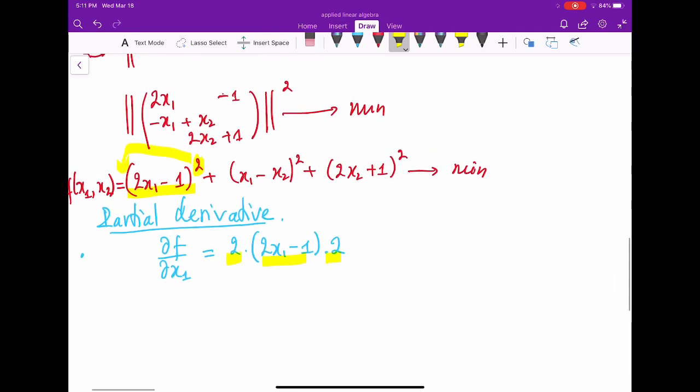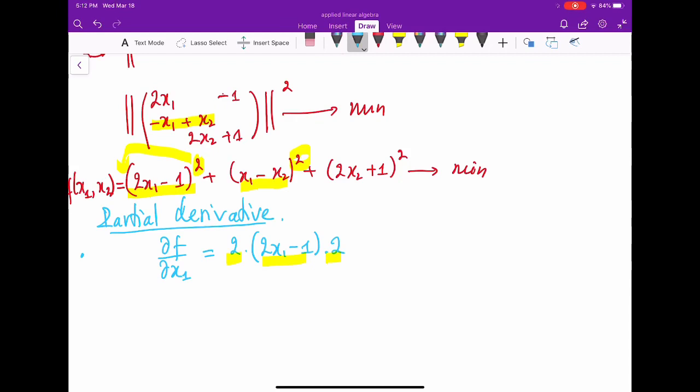All right, so how do we do the second term? Here I have to mention, I rewrite x1 minus x2, but in here we have negative x1 plus x2. That is the same if we have squaring here, so that's okay. Now I differentiate the second term with respect to x1, and x2 is a number, don't forget about it.